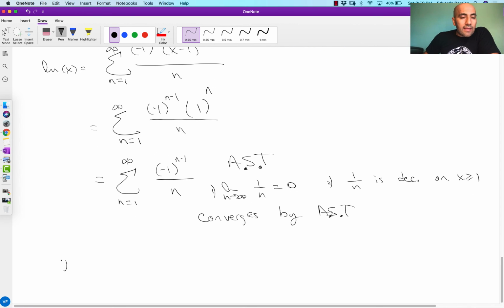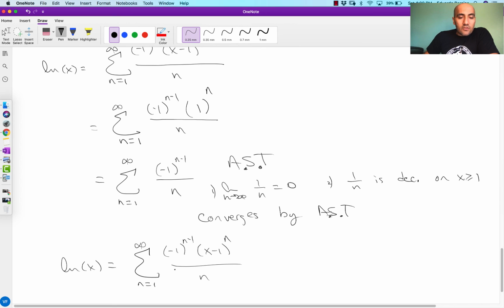We have that ln of x can be represented as a Taylor series by this one, from n goes from 1 to infinity of -1 to the power of n minus 1, x minus 1 to the power of n, all over n.